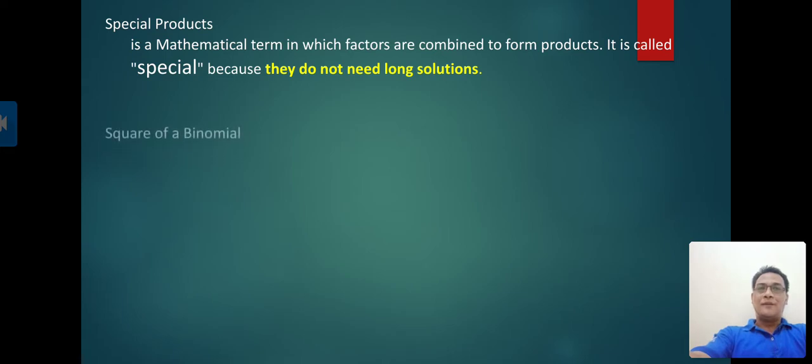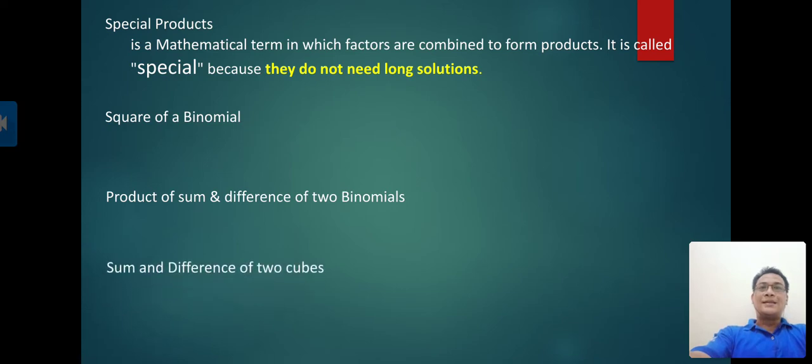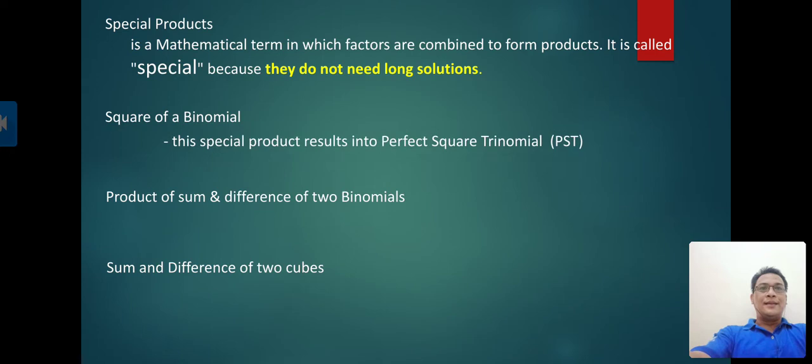These are the square of a binomial, product of sum and difference of two binomials, and sum and difference of two cubes. Now, when we say square of a binomial, this special product results in a perfect square trinomial, or the PST.